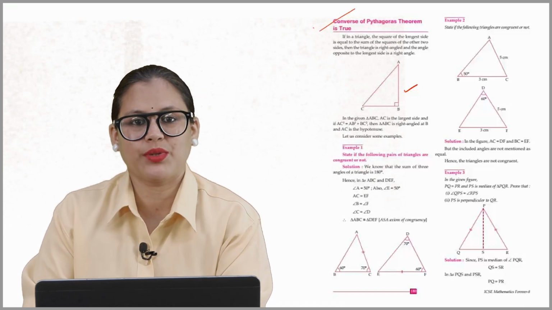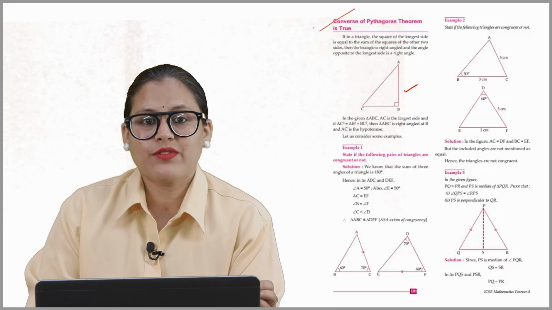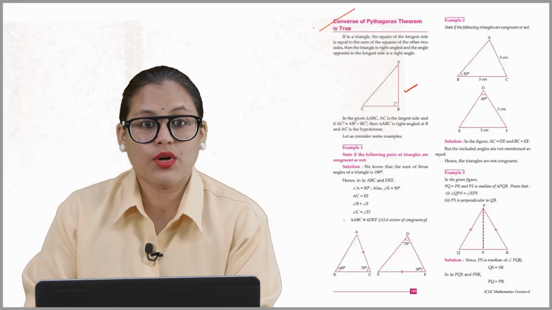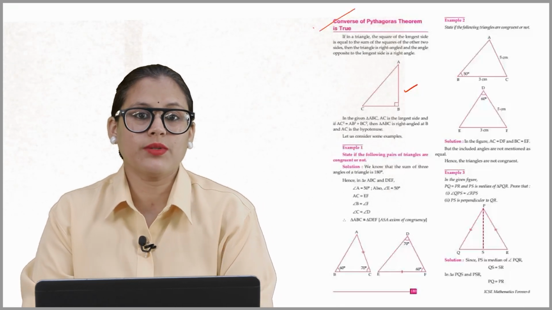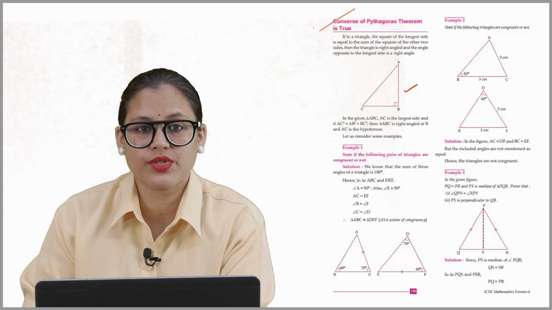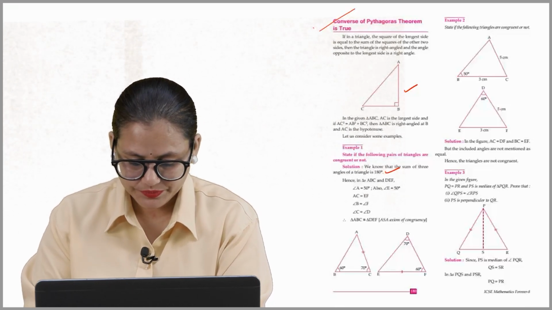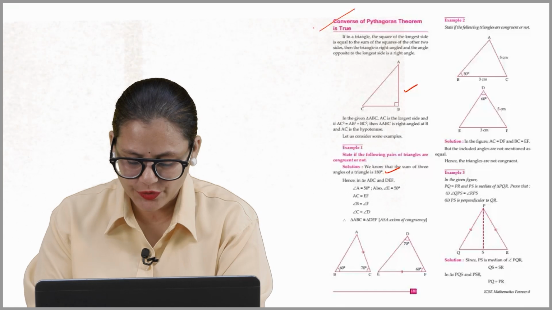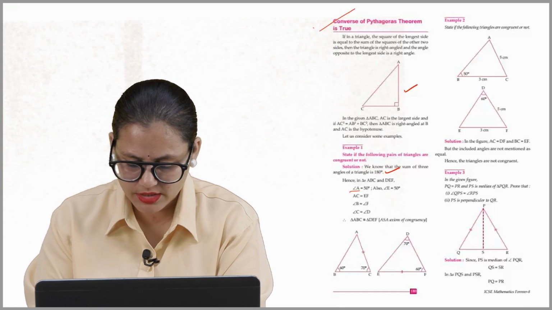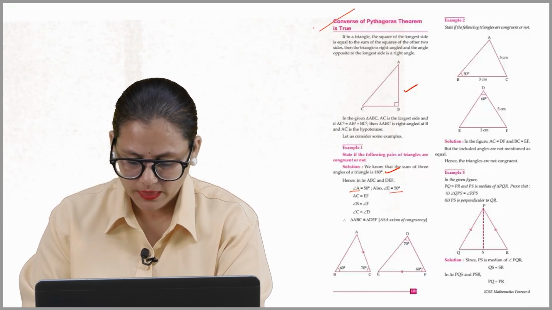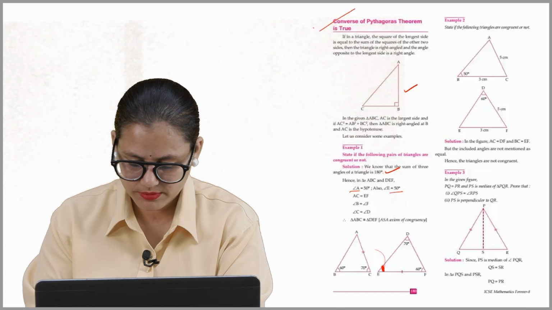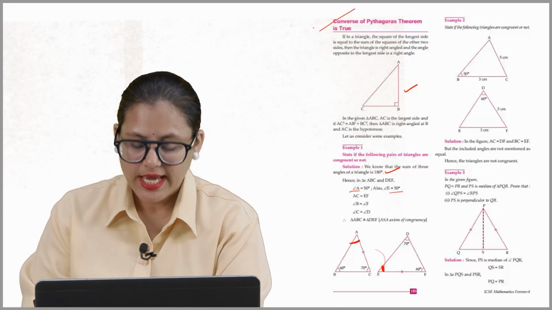Let's consider some examples. State if the following pairs of triangles are congruent or not. Solution. We know that the sum of 3 angles of a triangle is 180 degrees. So, here angle A is 50 degrees, also angle E is equal to 50 degrees.